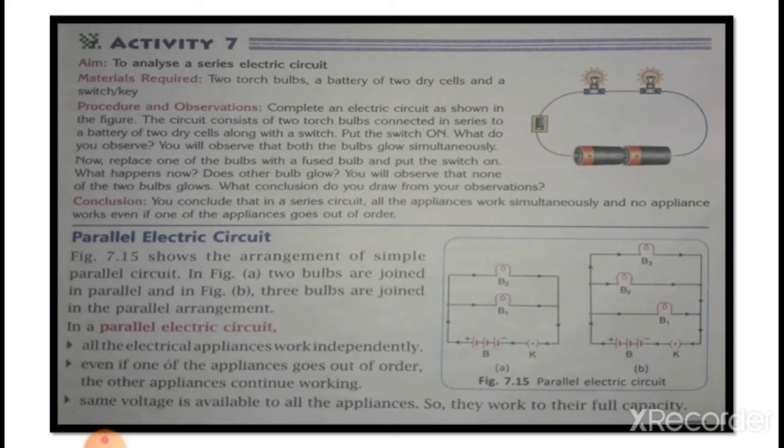Even if one of the appliances goes out of order, the other appliances will continue working. And third one is that same voltage is available to all the appliances, so they work to their full capacity. In the series connection, they are sharing the applied voltage. Here they are utilizing the complete available voltage.